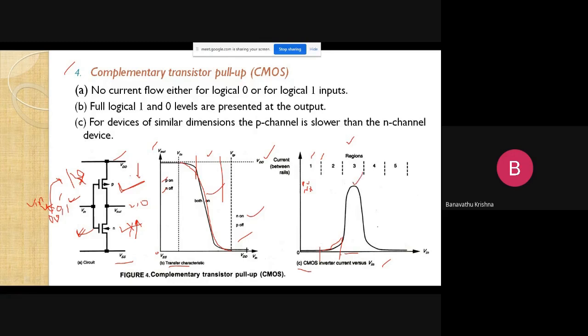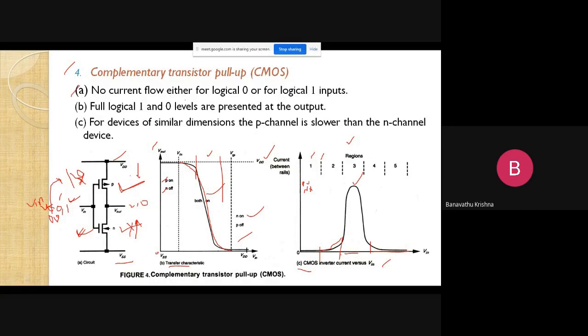Then it increases further, and the current decreases as the V input response increases. This is the fourth case, the alternative form of pull-up transistor. So here we can use a PMOS transistor as a pull-up resistor, right? Let us go to the next point.